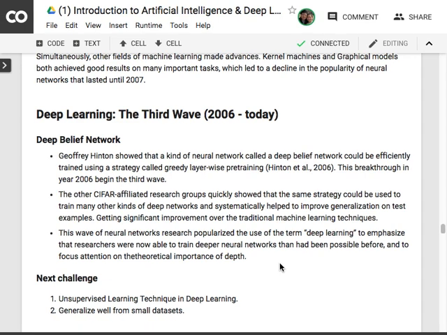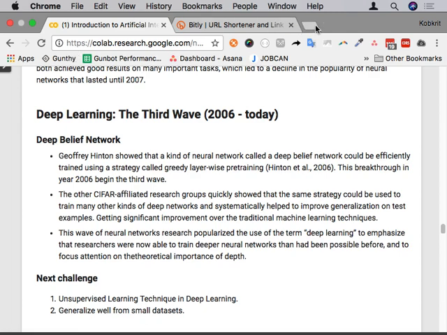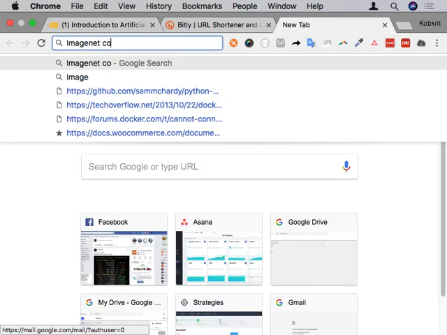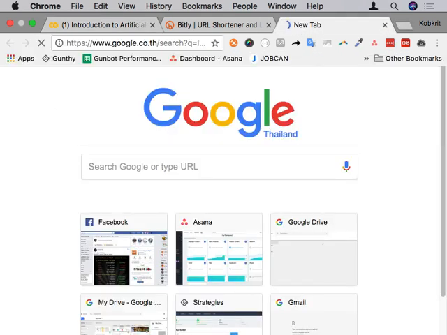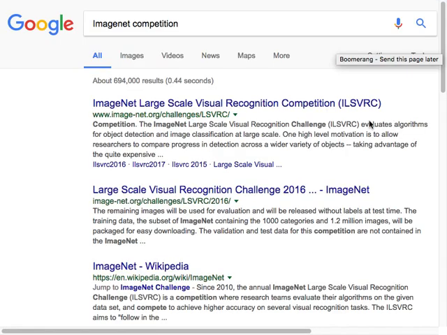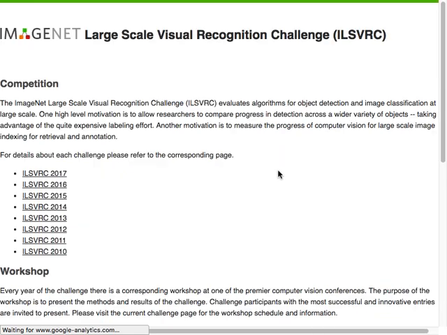ImageNet competitions. Let me open Google for you. In the ImageNet competitions, deep learning started taking the first rank from 2007, I think, and they stuck to the first rank all the time. So researchers throughout the world thought, deep learning is real, it's coming.